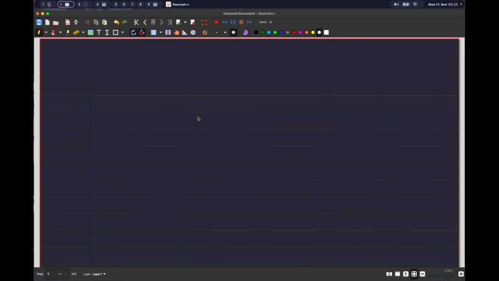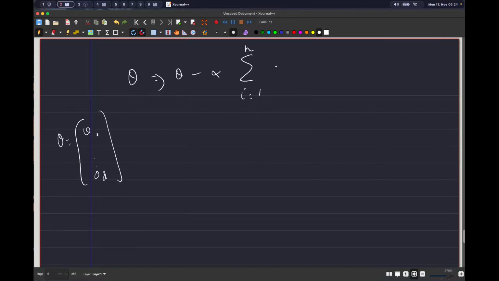We can also group all the variables together, and finally you can write theta as a vector. So not theta j, remember there is no j here. So theta, which will be a vector of theta 1 all the way to theta d, can be updated as theta minus alpha, going from the first training sample to the last one, calculating the error, h theta xi minus yi, times xi.